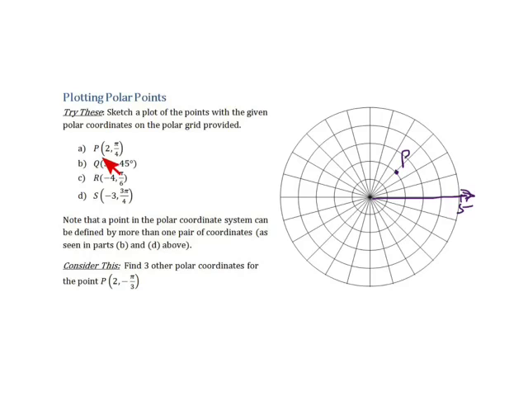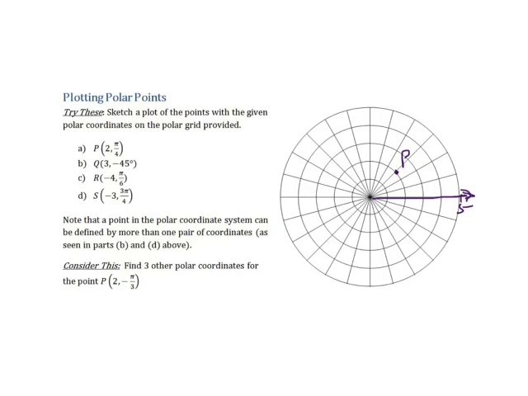You can think of it in any order you want. You can either travel out and then rotate the angle, or you can think about rotating up to an angle and then traveling out. In fact, thinking of the angle first is going to be often useful. Q is at (3, negative 45).